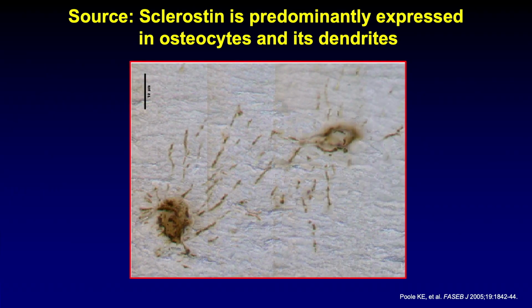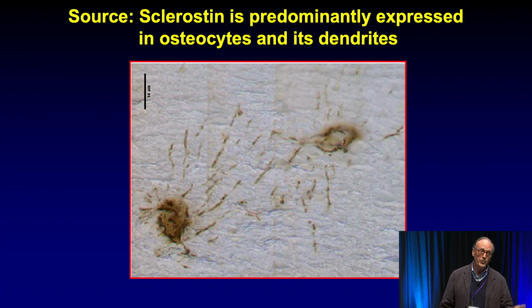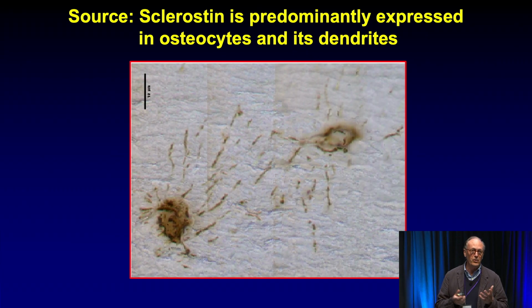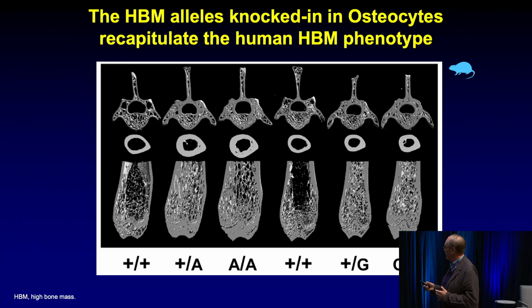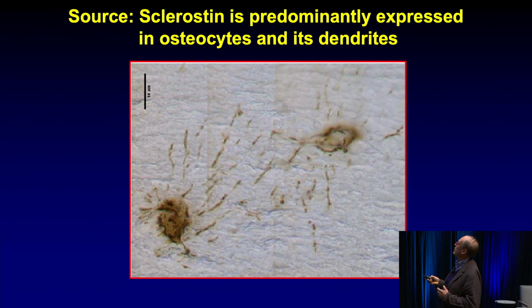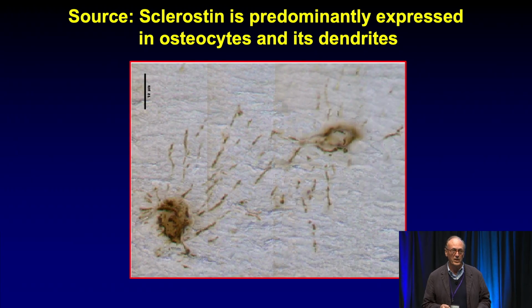So the next question was, okay, now we know this pathway is important, sclerostin is important, but where is all of this happening, right? So subsequent work identified the source of sclerostin as the osteocyte.